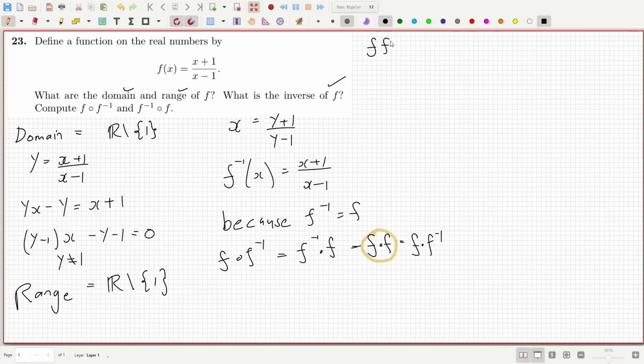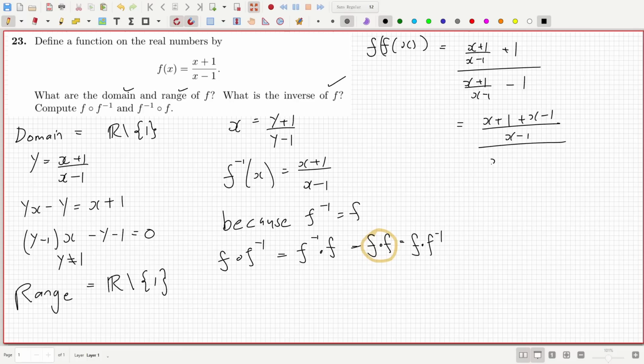So f of f of x, that will be x plus 1 over x minus 1 plus 1 over x plus 1 over x minus 1 minus 1. That would be x plus 1 plus x minus 1 over x minus 1 over x plus 1 minus x plus 1.